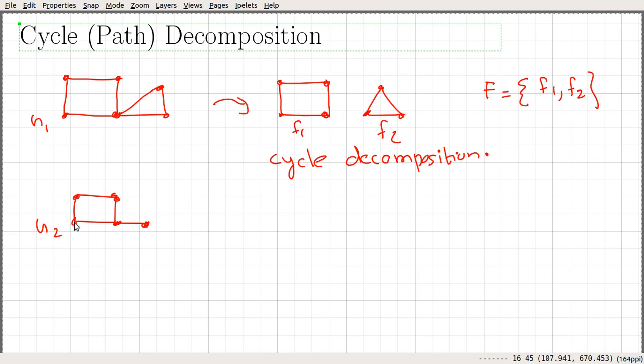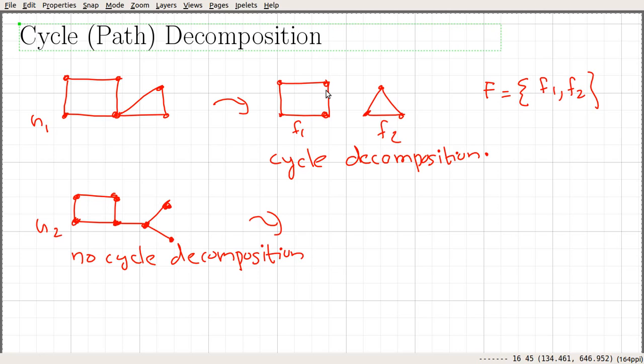Here we can see that there is one cycle here, but there is no way to get a cycle out of this portion, right? So this graph doesn't have a cycle decomposition. But it does have what is called a path decomposition. We could decompose this particular graph into different paths.